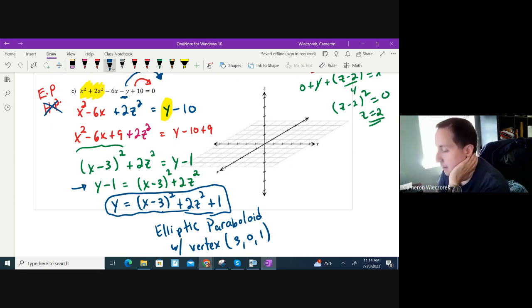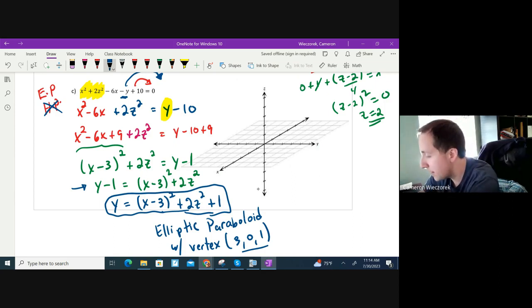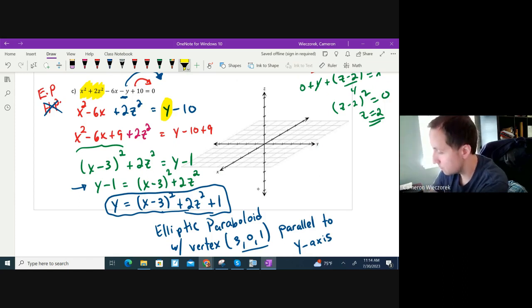Now, I'm not going to say that the axis of symmetry is the y-axis because it's actually not moving along the y-axis. It got shifted to have a vertex of 3, 0, 1. What I would say in this case is that it's parallel to the y-axis. Whenever there's a shift, you have to be careful about the phrasing. Parallel to the y-axis would be a better phrase. If there was no shift, then I would just say moving along the y-axis.